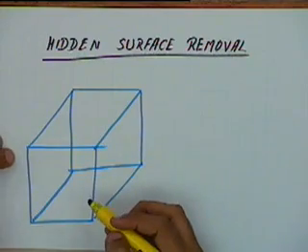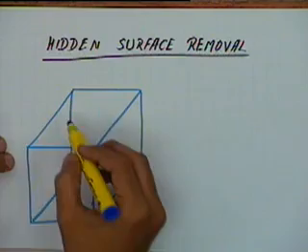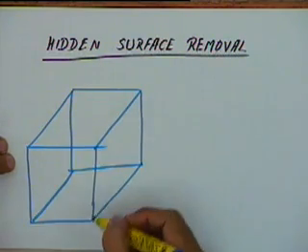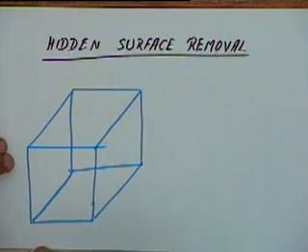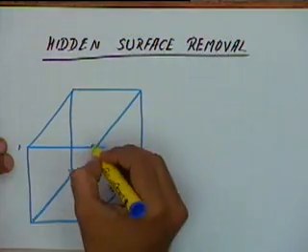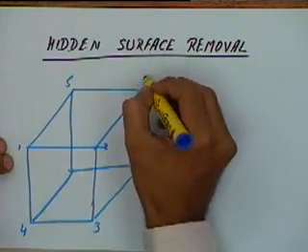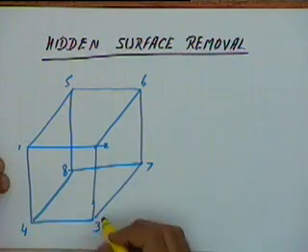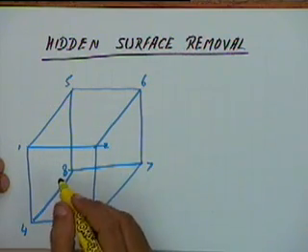When I draw this on the screen, right now I have done a very simple thing: for each edge I have drawn a line. From a view like this it will be very difficult to make out which edge or which face is in front and which face is at the back. If I number them, whether face 1, 2, 3, 4 is in front or whether 5, 6, 7, 8 is in front is very difficult to make out.